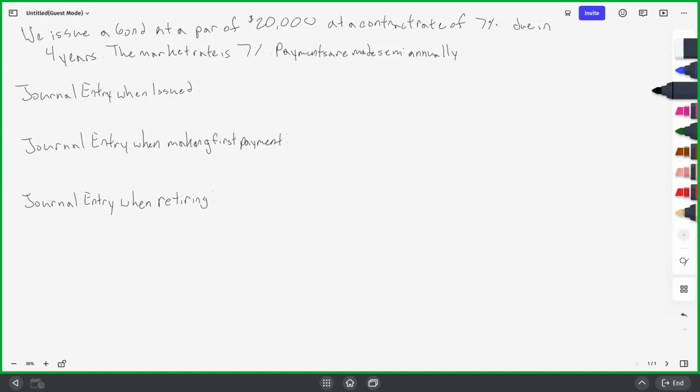Intermediate 2 was the toughest accounting class I've ever been in. Wonderful, fabulous teacher, but that material was the toughest I've gone through. We go through a lot about bonds and leases, leasing both property and equipment and what that looks like for journal entries. It's fun.